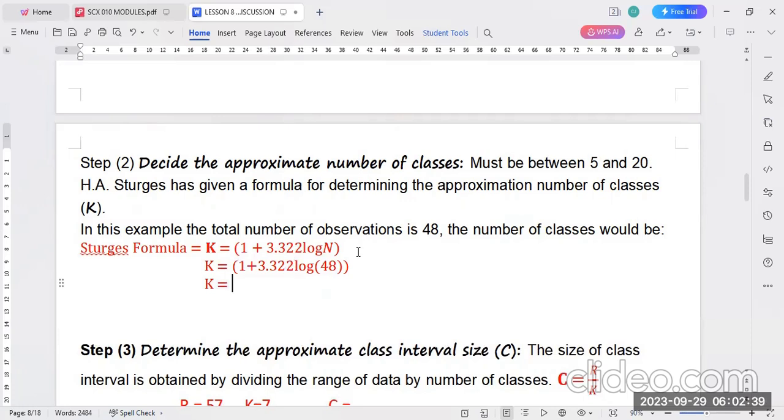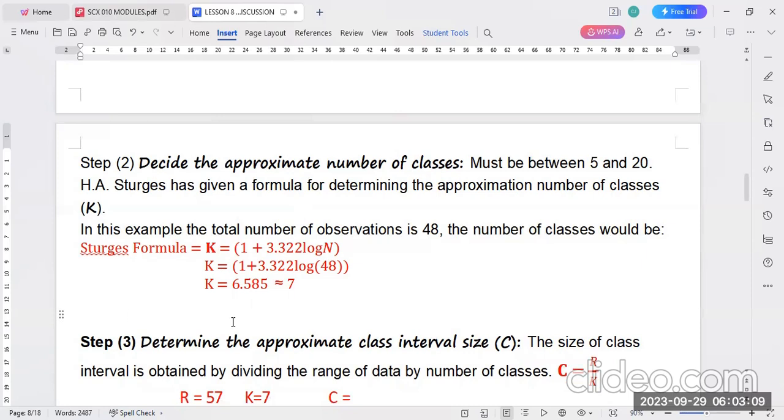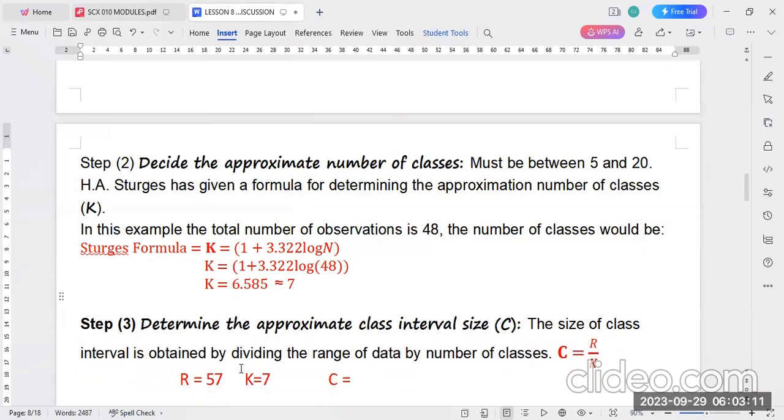And that is equal to 6.585. It's actually a decimal. You just get the first 3 decimal points and round it off into a whole number. And that is approximately equal to 7. Therefore, the approximate number of classes, or K, is equal to 7.